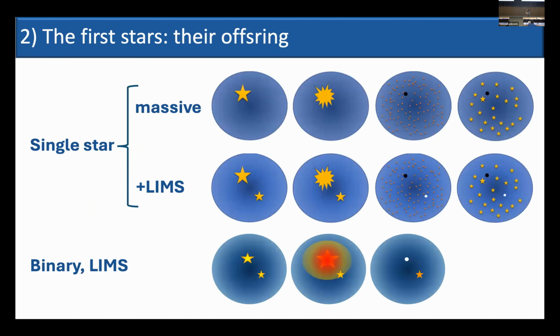Okay, if we think of our star as a single star, it could have been born in an interstellar medium polluted only by a massive star, or perhaps by a massive and a low or intermediate mass star.